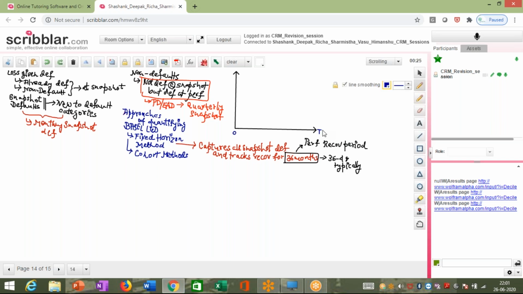Talking about recovery processes, there are two types of recoveries which we generally get to see. One is a complete workout, where the recovery process has been completed.